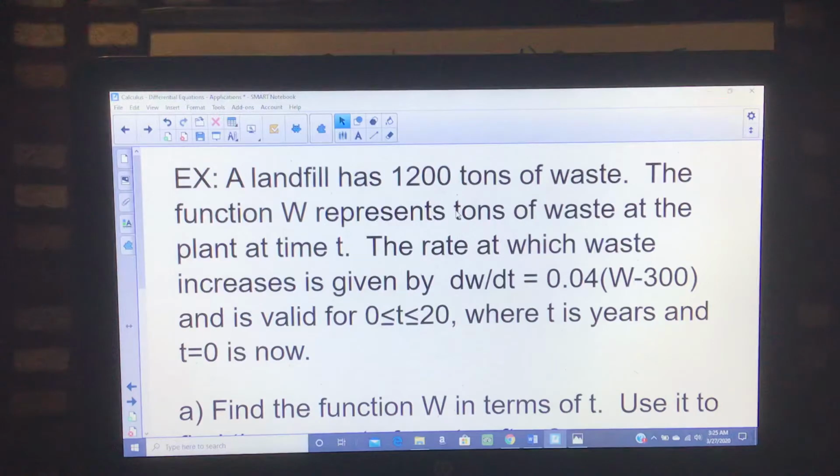So first off, they tell us that a landfill has 1,200 tons of waste at the start of the problem. They tell us that there's a function W. W represents the amount of tons of waste at this landfill plant at time t. The rate at which the waste increases is given by a differential equation that they give us.